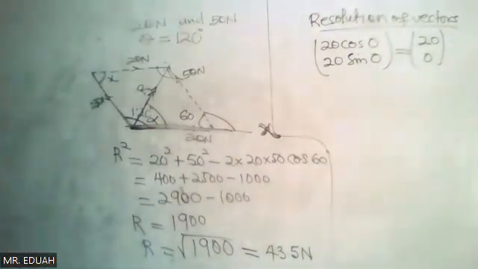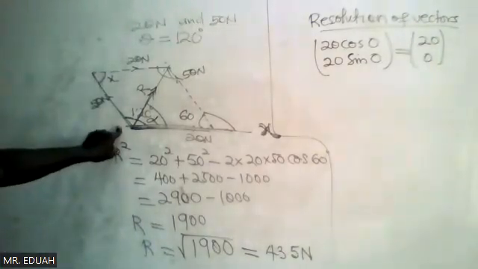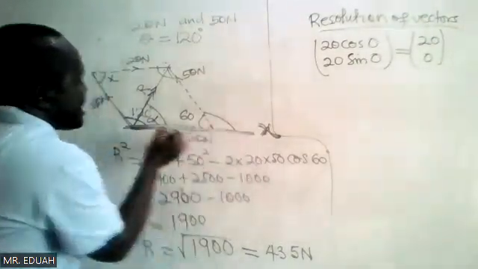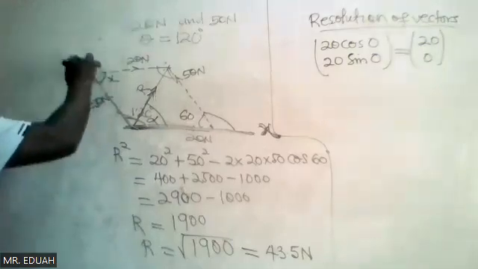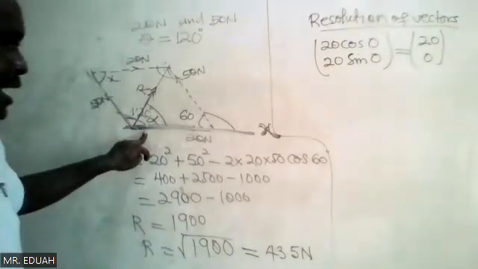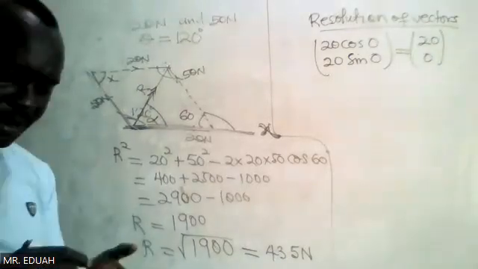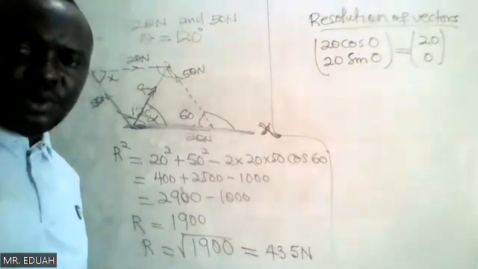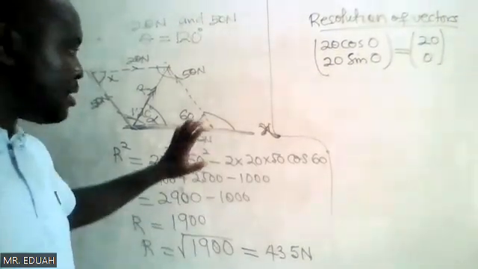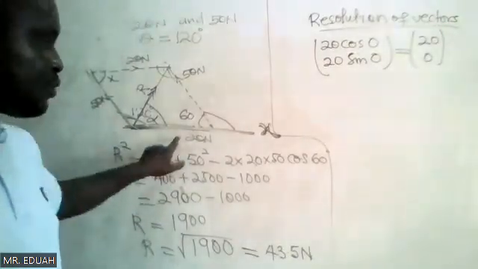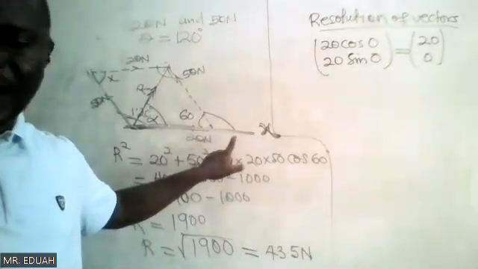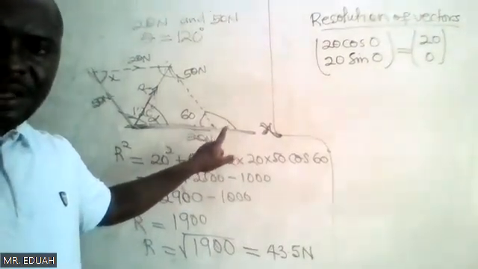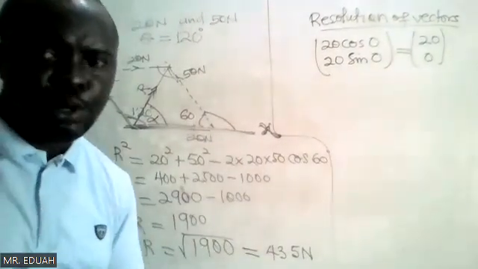Then we pick the other one. The other force makes an angle of, what angle does it make with the x-axis? Class, what angle does the 50 Newton force make with the x-axis? What angle does the 50 Newton force make with the x-axis? Quick one. 120 degrees. I just want you to be part of the discussion.